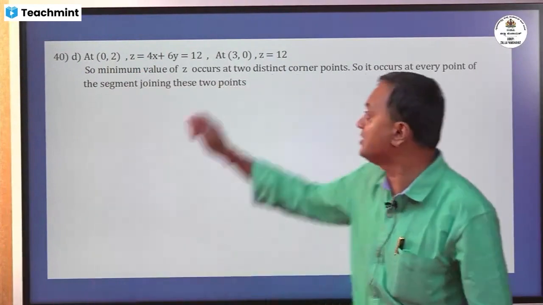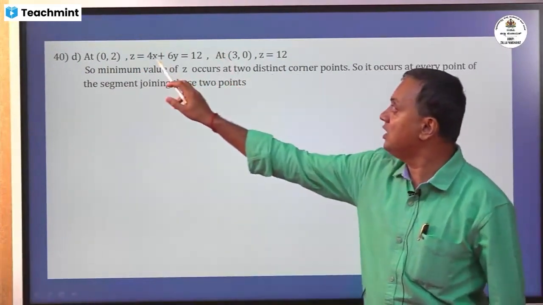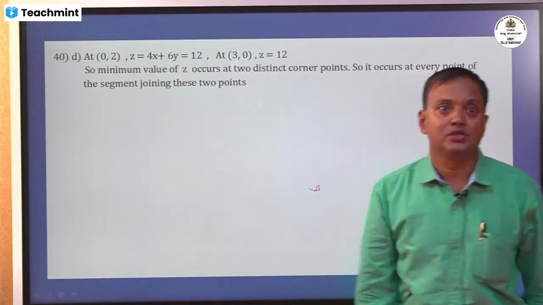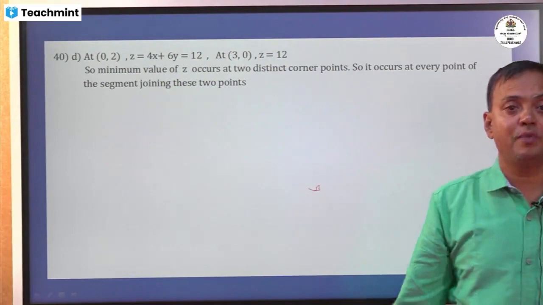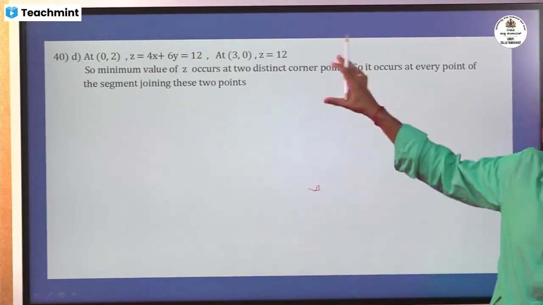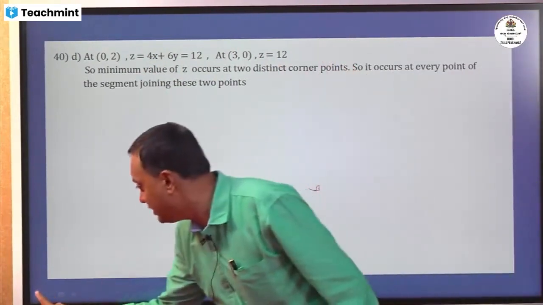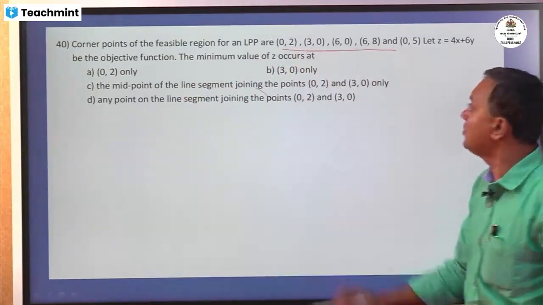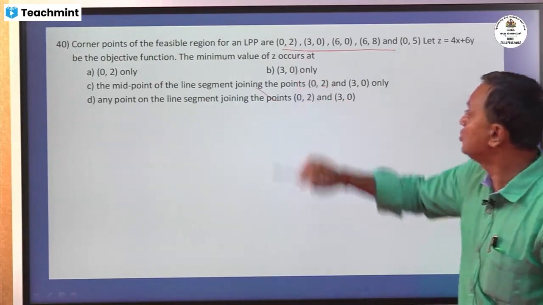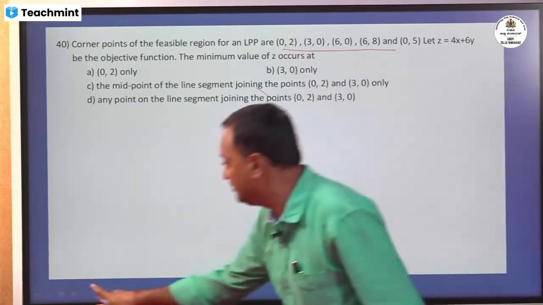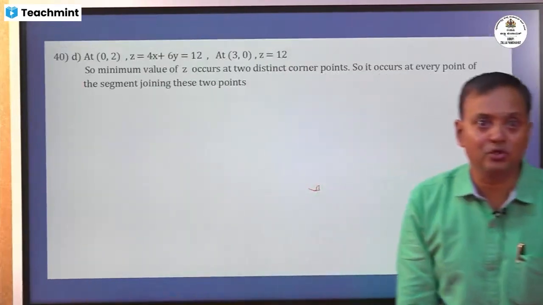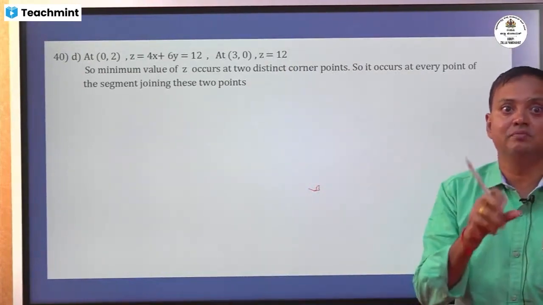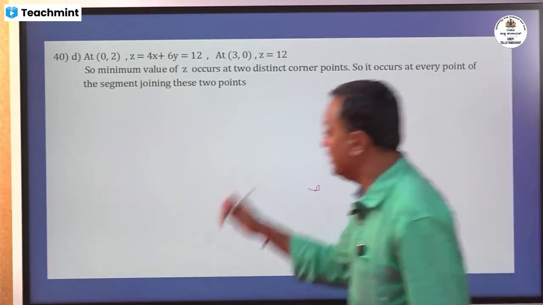At (3, 0), same, x is 3 and y is 0, here also 12. So the minimum value of z occurs, you check. So now for these given points, (0, 2) and (3, 0) give the same value, the minimum value. So yes, what are the remaining points?